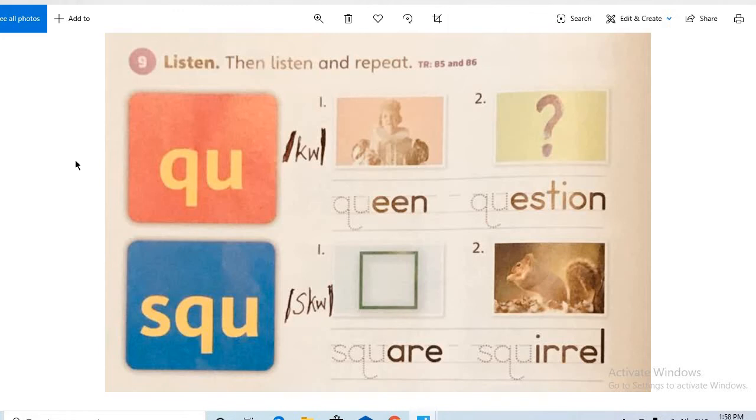QU: qua, qua. 1. qua, qua, queen. 2. qua, qua, question.